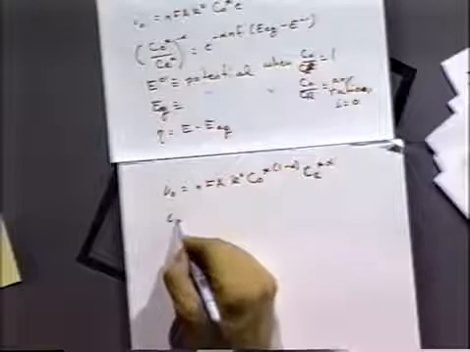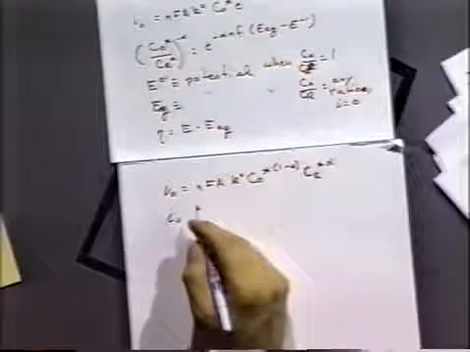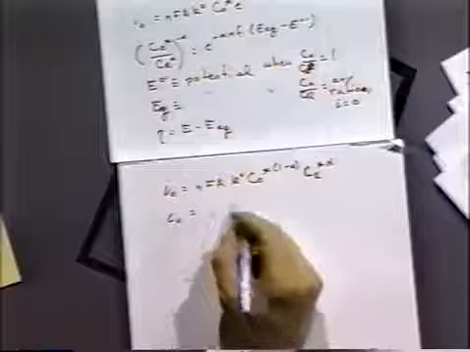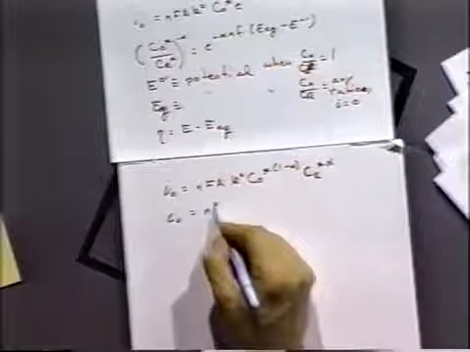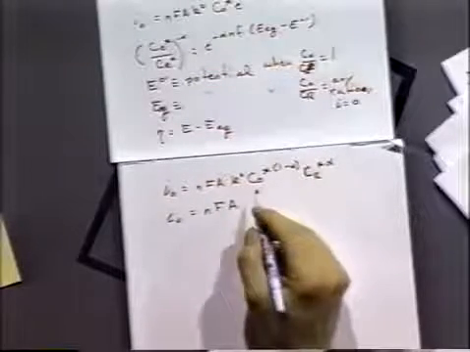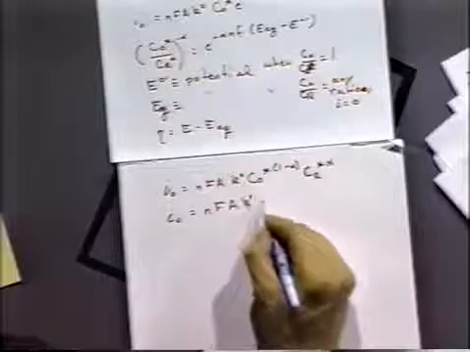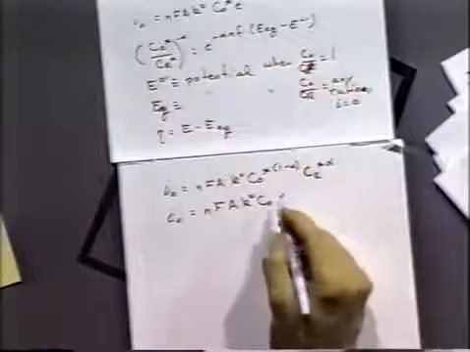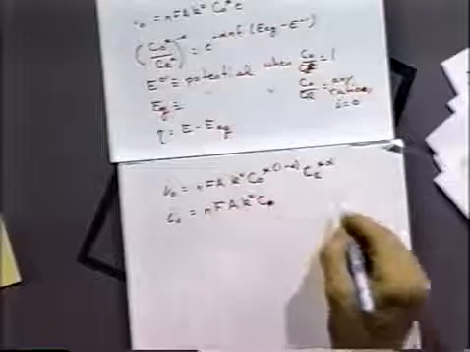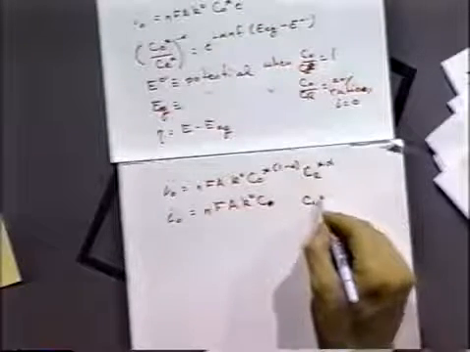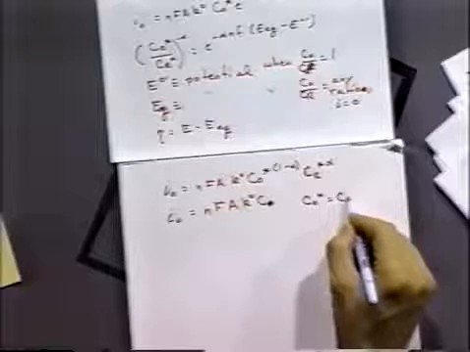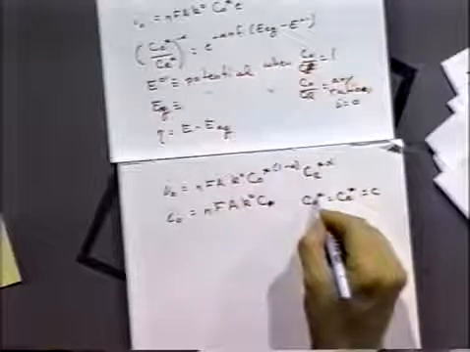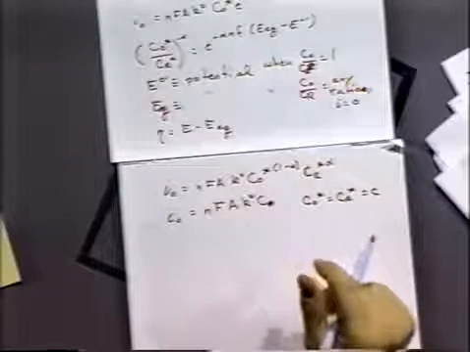And for the particular condition when C0 star is equal to CR star, we get a useful expression that states that the exchange current density is equal to NFA K0 C, where C0 star equal to CR star is equal to C. In other words, let's assume a particular condition when the oxidized and reduced components are equal to each other.